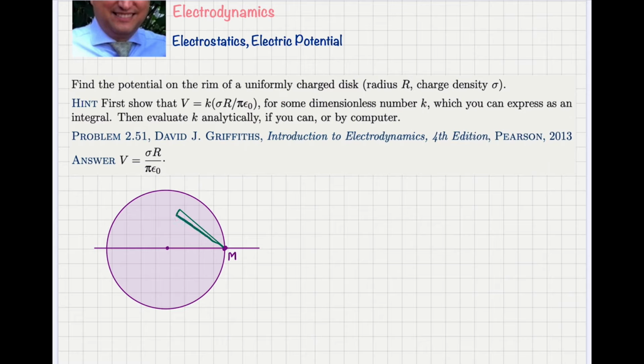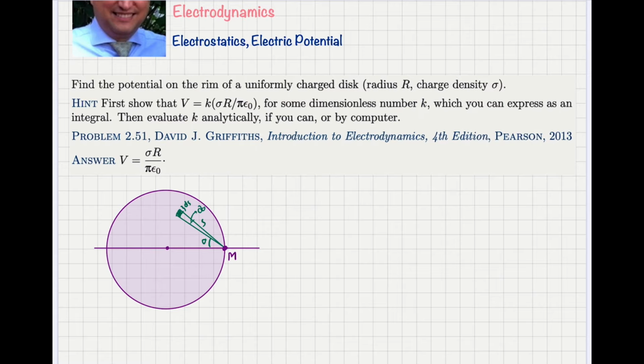I will concentrate here. I will call this distance from here to here s, and this ds, and this very small infinitesimal angle there I will call d alpha, and then of course this angle alpha.